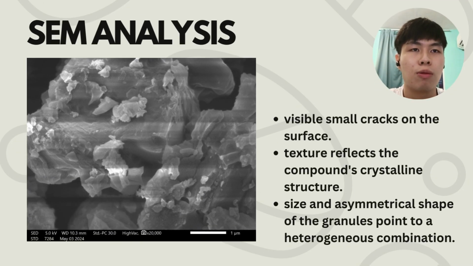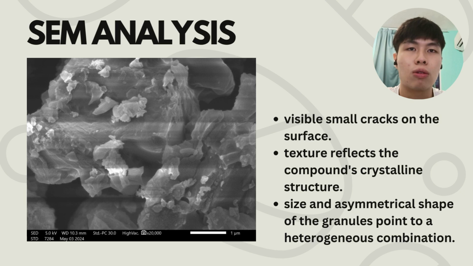There are visible small cracks on the surface. The texture reflects the compound's crystalline structure. The size and asymmetrical shape of the granules point to a heterogeneous combination.